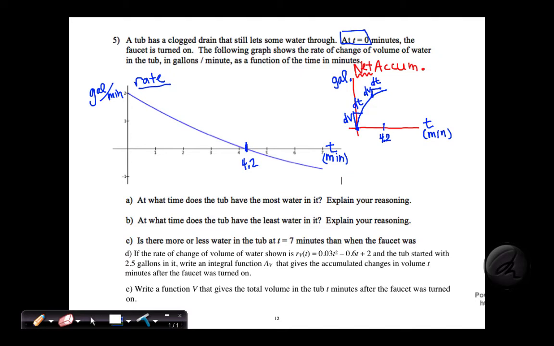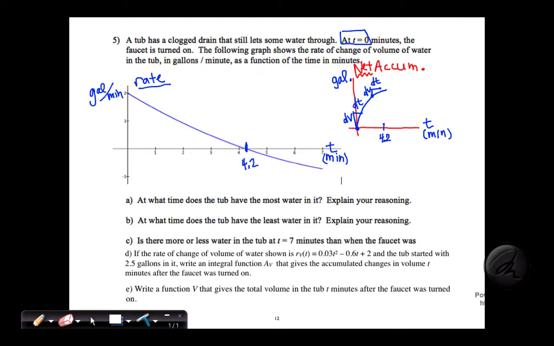So by time 7, I was gaining water for the first 4.2 minutes at varying rates, and then the water's draining out of the tub, or we're losing water, the volume's decreasing at various rates. What's the fastest rate at which the water is seemingly leaving the tub, approximately?